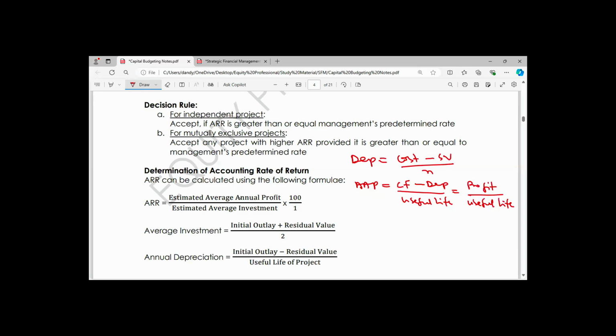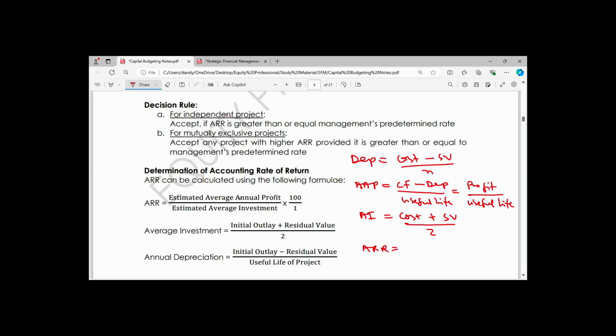Then, once I'm done with this, the next working I'm going to do will be to calculate average investment. The average investment is the cost of the projects plus scrap value, then divided by 2. Then finally, the next calculation is the accounting rate of return.